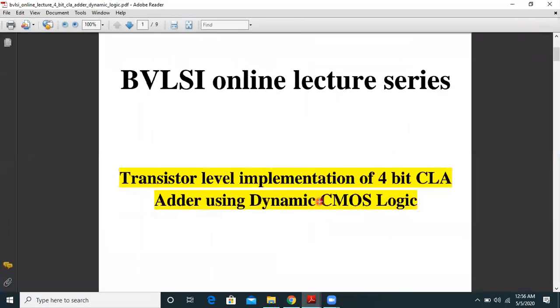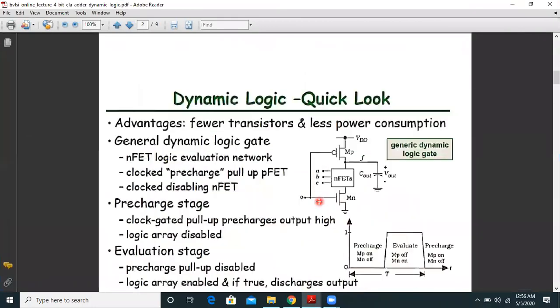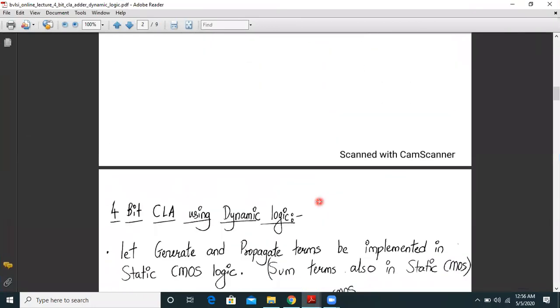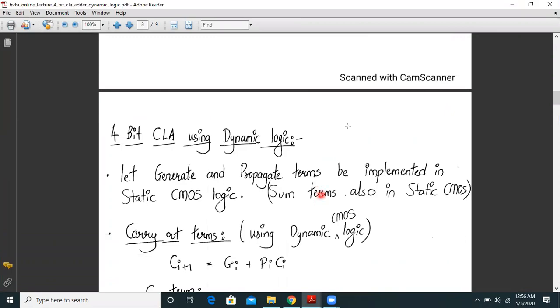So let us begin with the design. Basically what we will assume here is we'll let the generate and the propagate terms be implemented independently using static CMOS logic. Whichever logic they are implemented in, the outputs will be fixed.